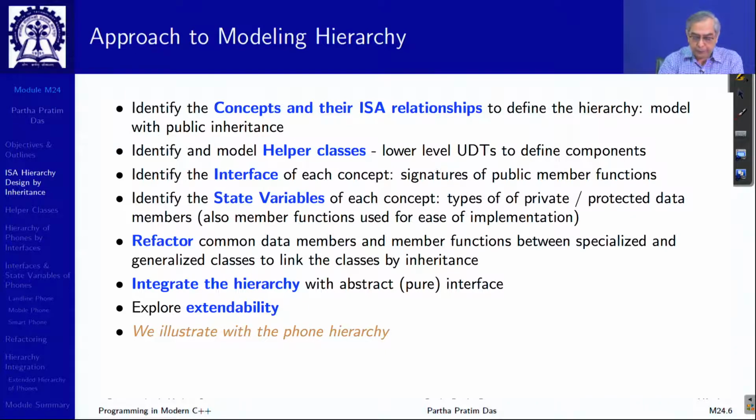We will probably try to provide an abstract or pure interface. We have not yet discussed it in the context of C++, but it is just a conceptual interface which most of the concepts in that hierarchy should be supporting.